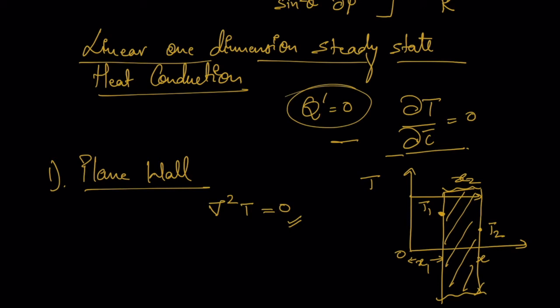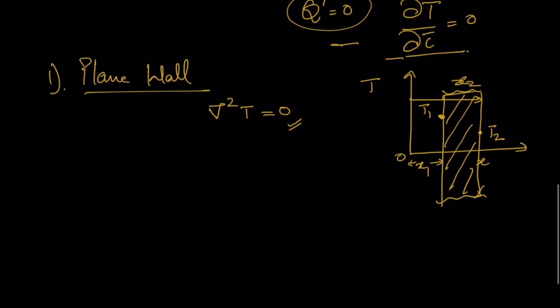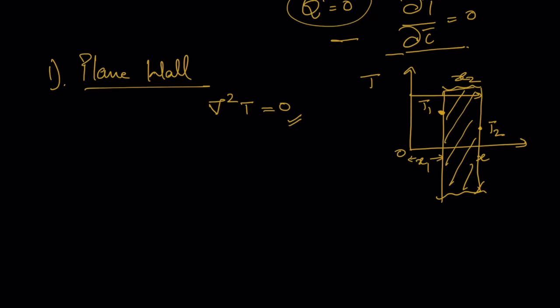So we know that we can derive with two methods. So we are going to take the first method. So we know this equation, Fourier's equation, and we are considering only in one direction.